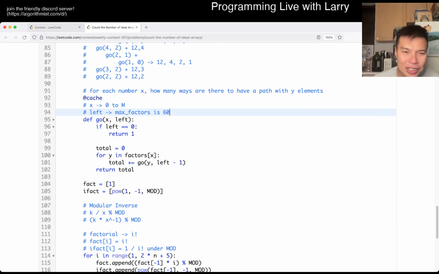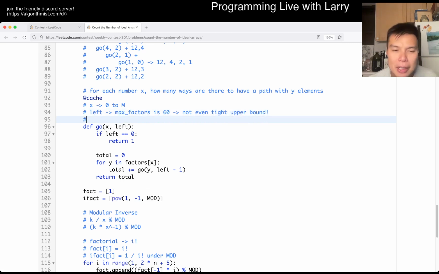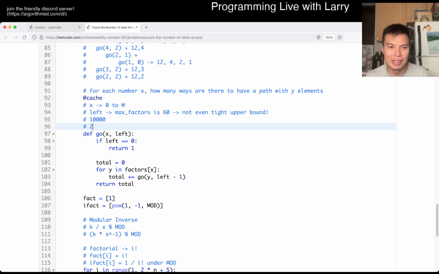But this is actually not even the tight upper bound, because like we said, let's say we divide it by 2 every time. So let's say we have 10,000 and we divide it by 2 every time. Like we said, this is only 2 to the 14, right?